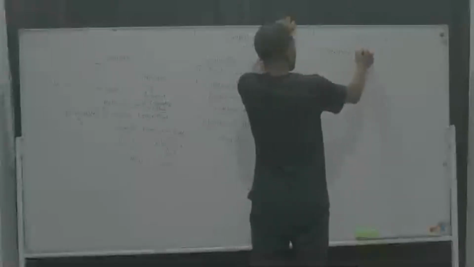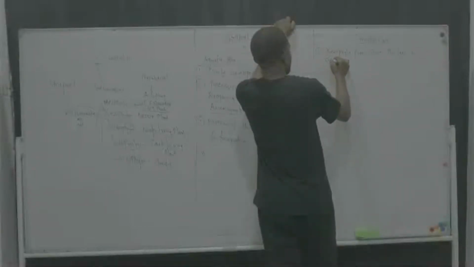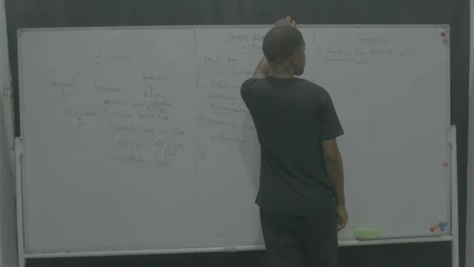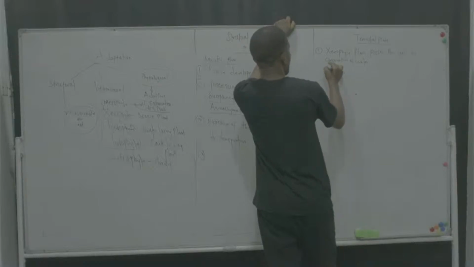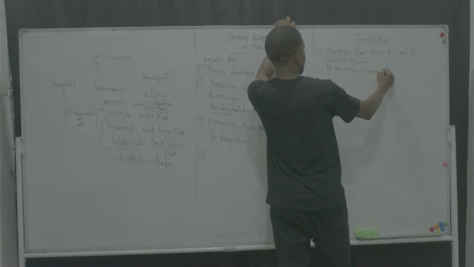A xerophytic plant possesses a very thin leaf for conservation of water. Apart from conservation of water, they also possess that same thin leaf to prevent loss of water through transpiration.